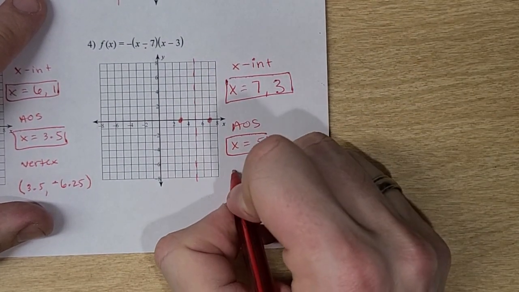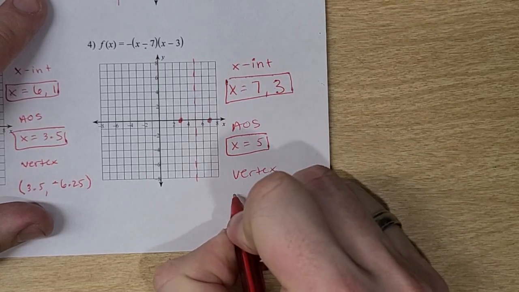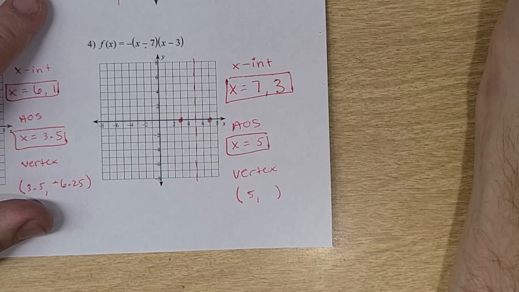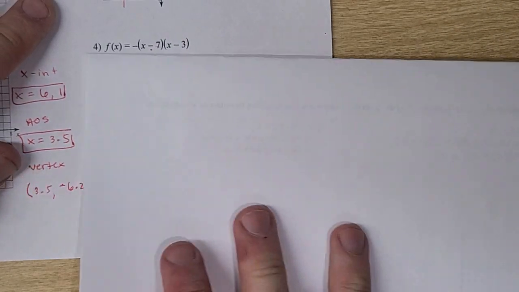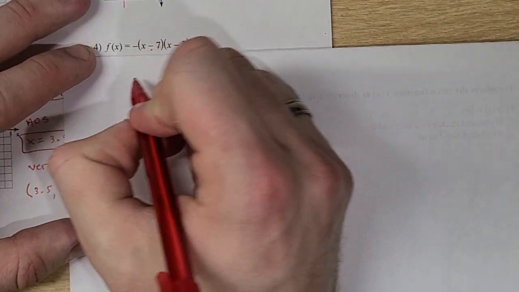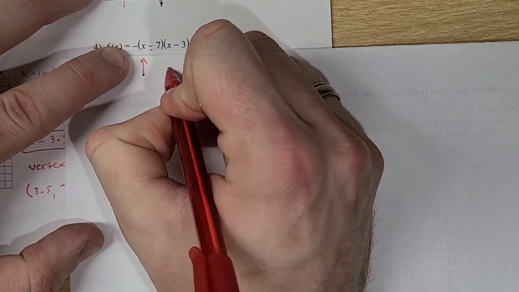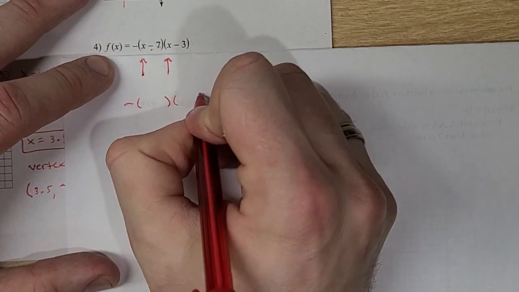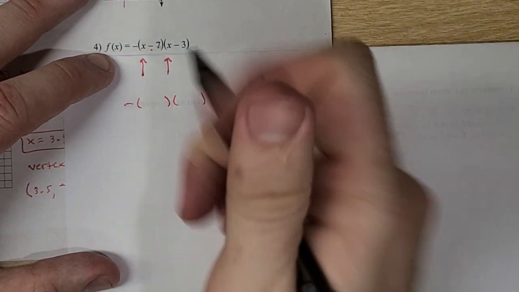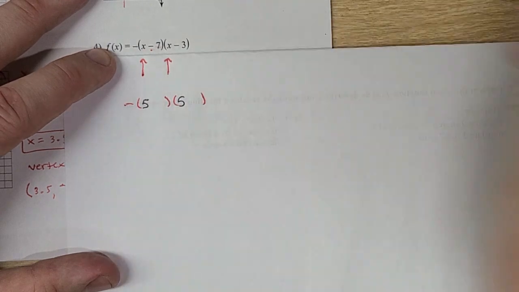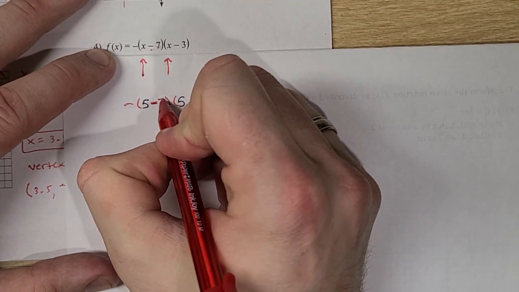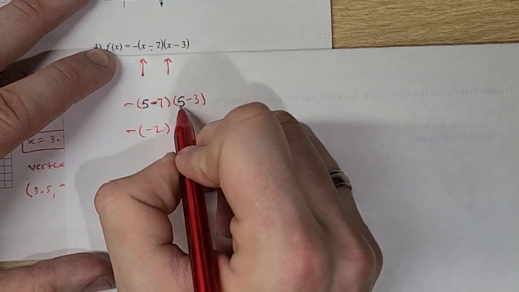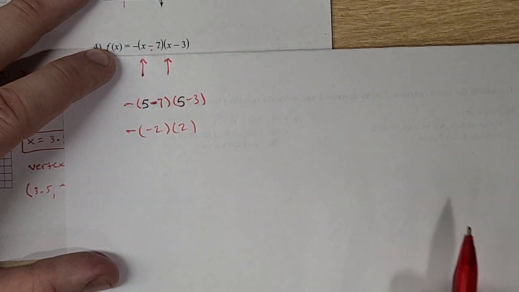All right, the last part is our vertex. I know the x portion of the vertex is 5. So really the only thing we're looking for is the y part of the vertex. So I'm going to take that 5 and plug it in for those two x's, because that's my axis of symmetry. 5 minus 7 is a negative 2. 5 minus 3 is a positive 2.